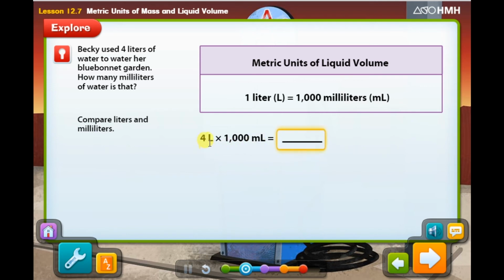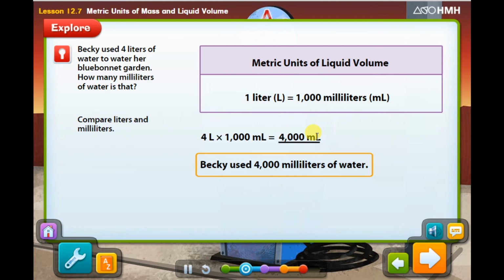So to convert from a bigger unit to a smaller unit, multiply by 1,000, which is the relation between the two units. How do we multiply 1,000 by 4? First, put the zeros. We have 3 zeros. Then multiply the other digits. 1 times 4 would be 4. So this means 4,000 milliliters. So Becky used 4,000 milliliters of water.